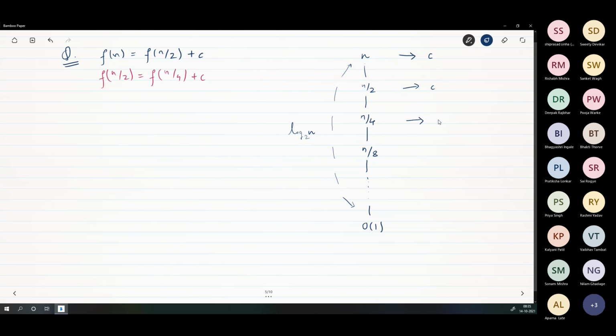At every level there is a cost c going outside, up to the point of order 1, and then you will compute f at order 1. Is that okay? So what is the total cost?